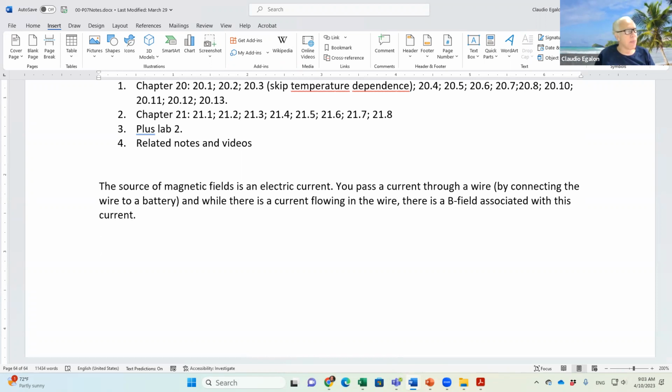Okay. And what else you have to remember? B fields circulate around a current carrying wire.